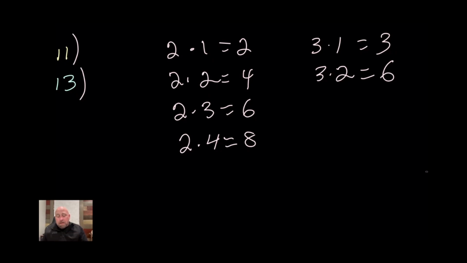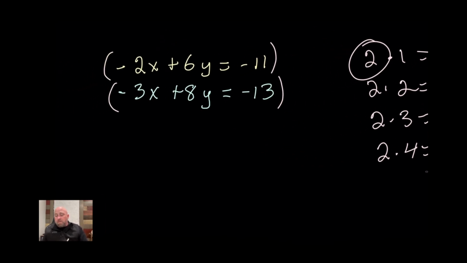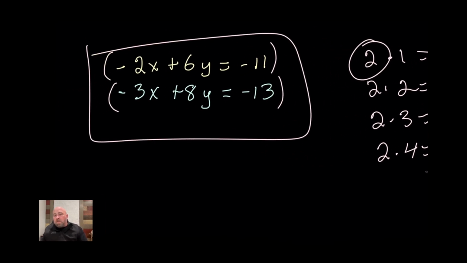We can stop right there, and I'll tell you why. Because as soon as we get one that matches, we have found the least common multiple. Okay? The least common multiple of 2 and 3 is 6. That's what we're looking for over here. We are looking for the least common multiple.